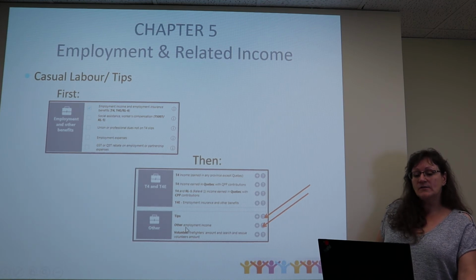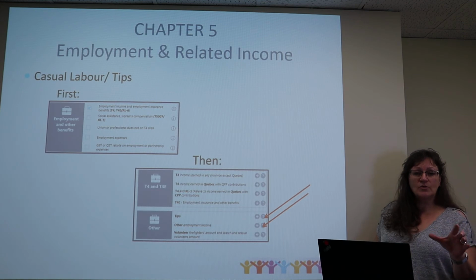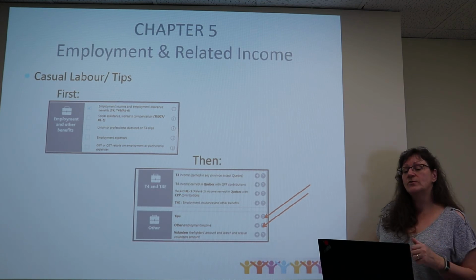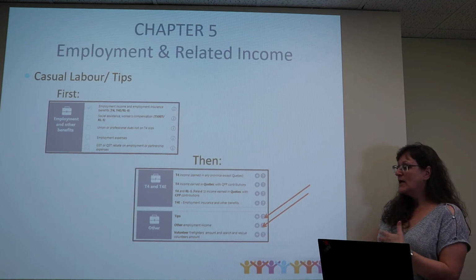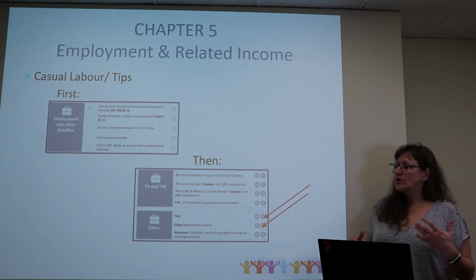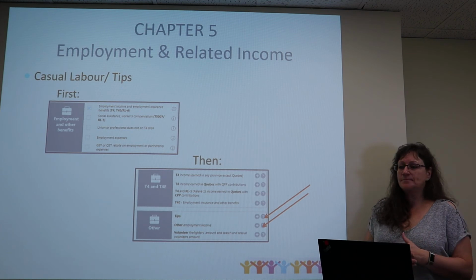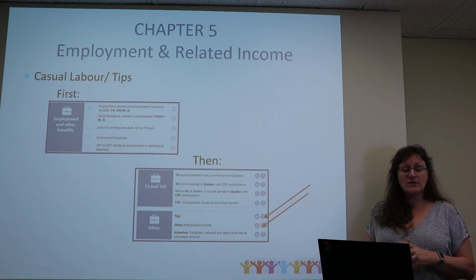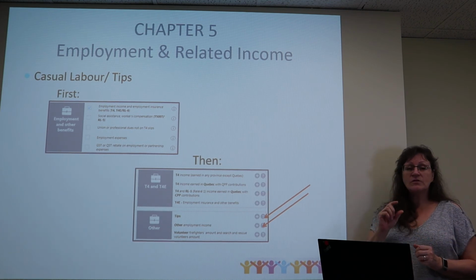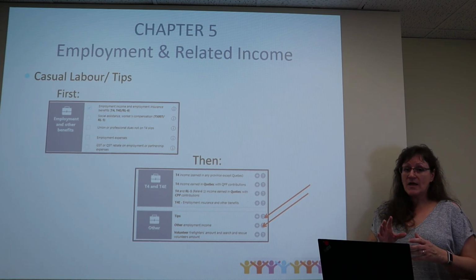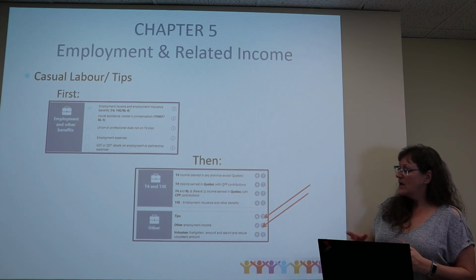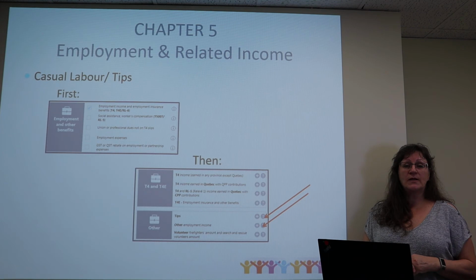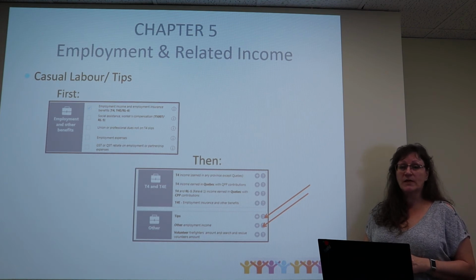By clicking on tips, that is going to give us the opportunity to write in how much the person received if they're working in the service industry for tips, or if they were doing casual labor, could have been yard work, could have been babysitting, whatever it might be, where they did not get a T-slip and the amount is very nominal, so less than $3,500, then you can add that as casual labor in employment income here, other employment income, and that will show up on line 10,400 other employment income.